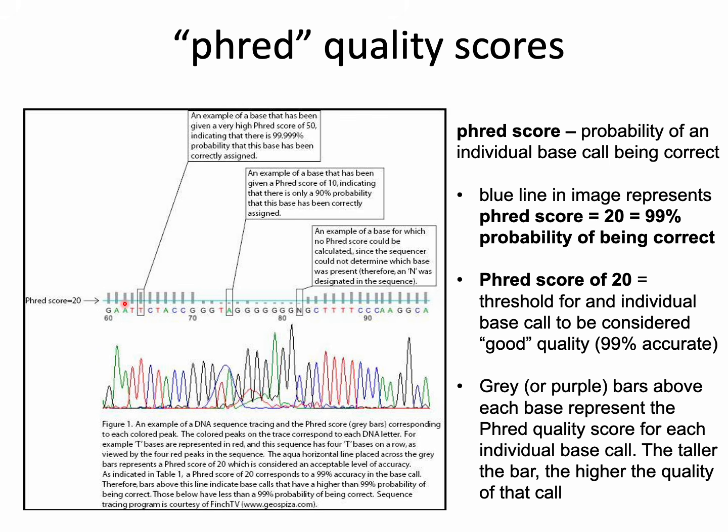Typically a Phred score of 20 is the threshold for an individual base call to be considered of good quality, or 99% accurate. So once again, if gray or purple bars in your electropherogram pass above this blue line, it means they have a high enough Phred score, or are accurate enough, to be trusted.